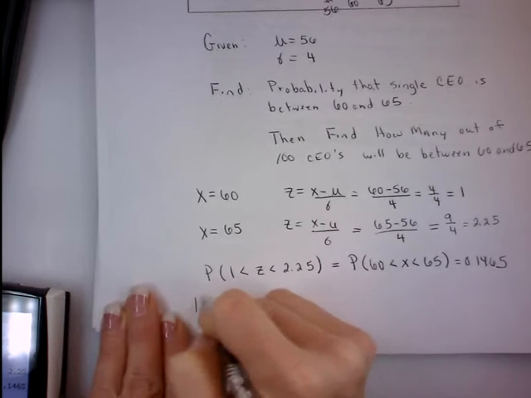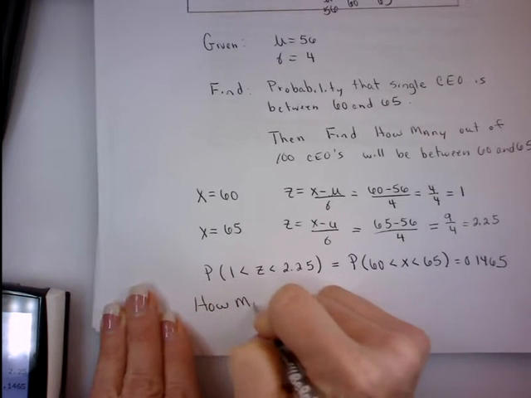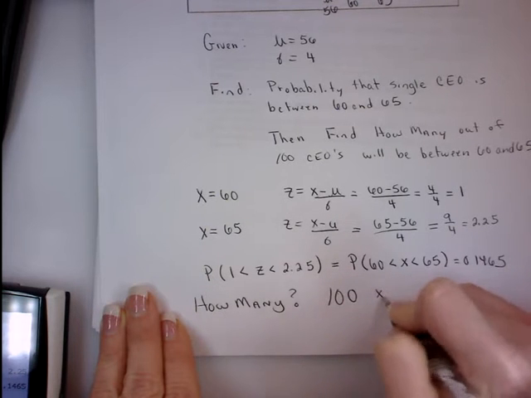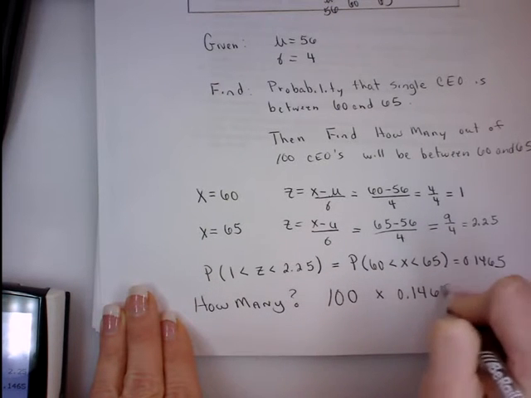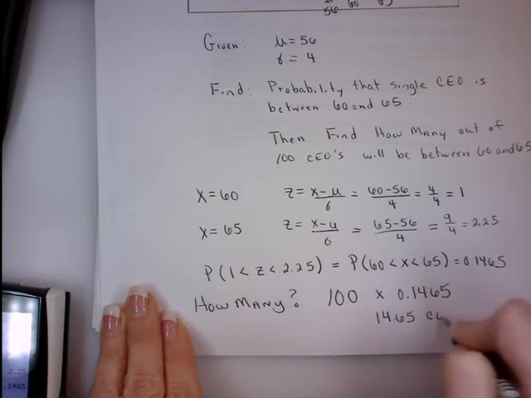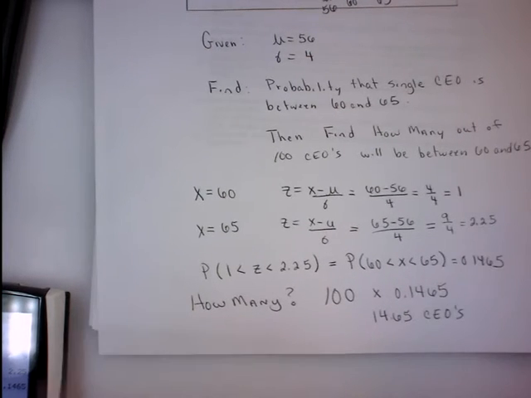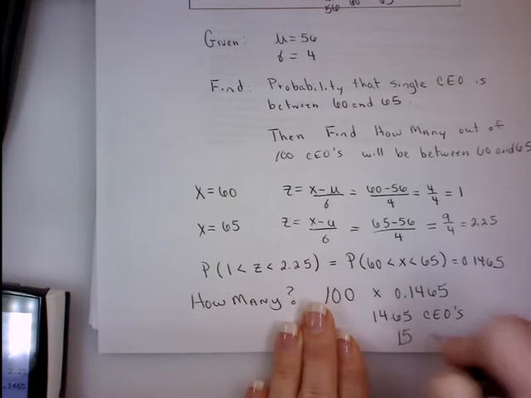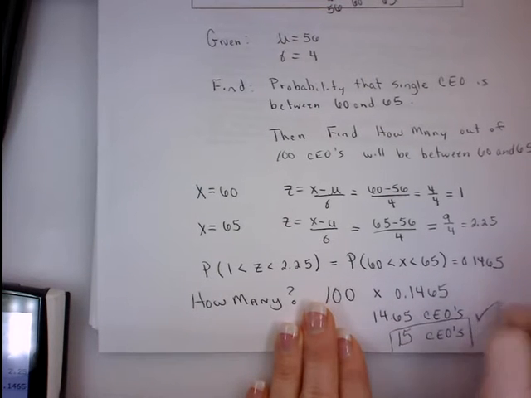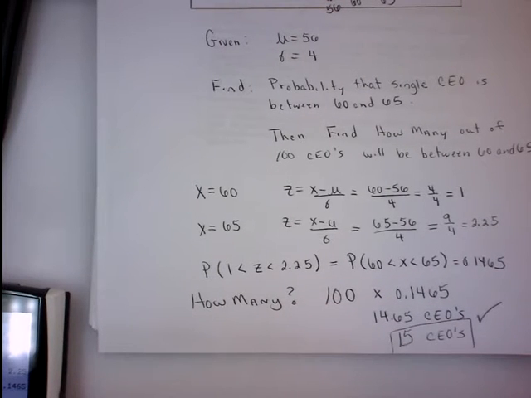Now, to answer the question of how many, you will take your 100 CEOs and multiply by .1465. And you get 14.65 CEOs. You cannot have part of a person, so you always round up, regardless of decimal, and that's 15 CEOs. Always round up. So that's the final answer to question number 3.